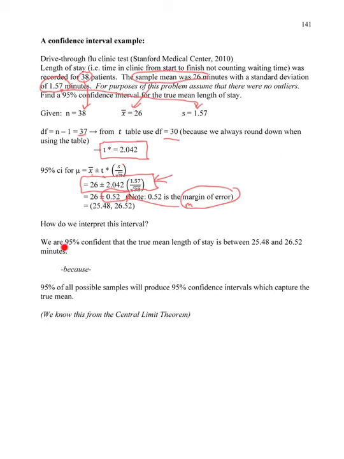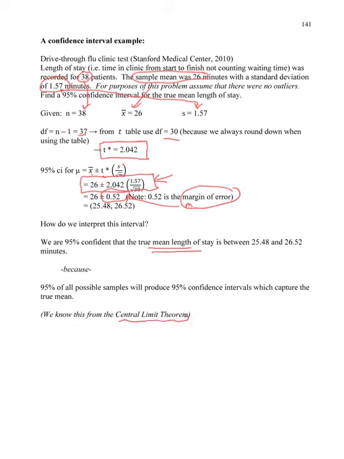Again, 95% confident that that's where the true mean value is. And we know that because 95% of all possible samples will produce a 95% confidence interval which captures the true mean. We know that from the central limit theorem.